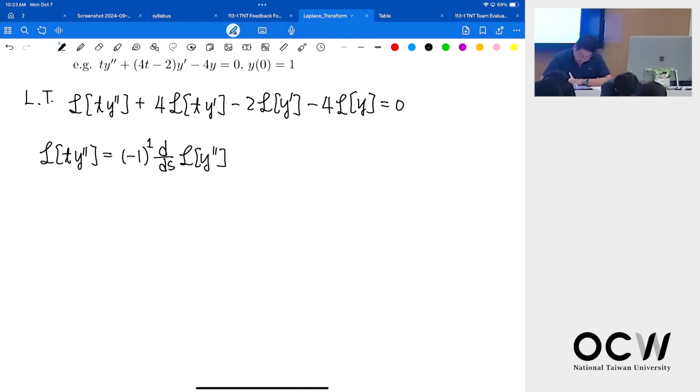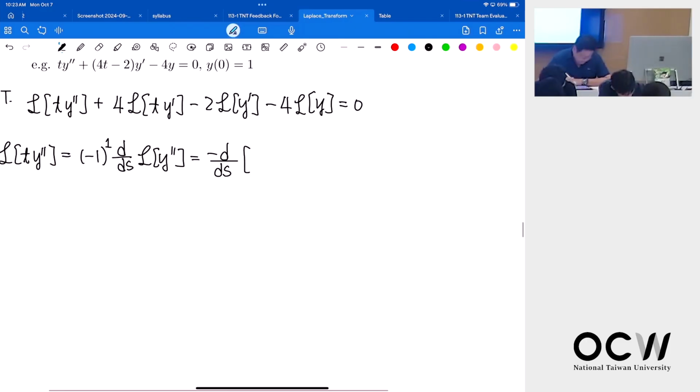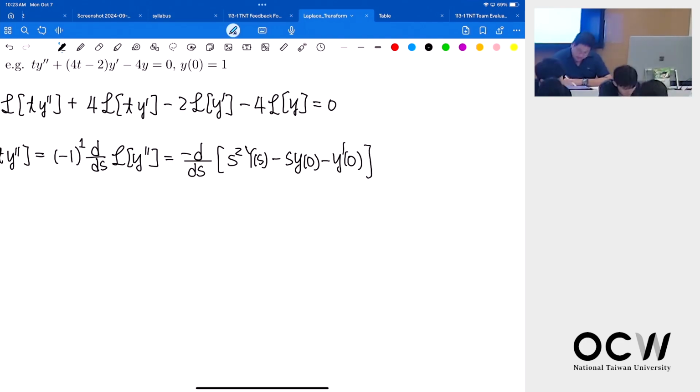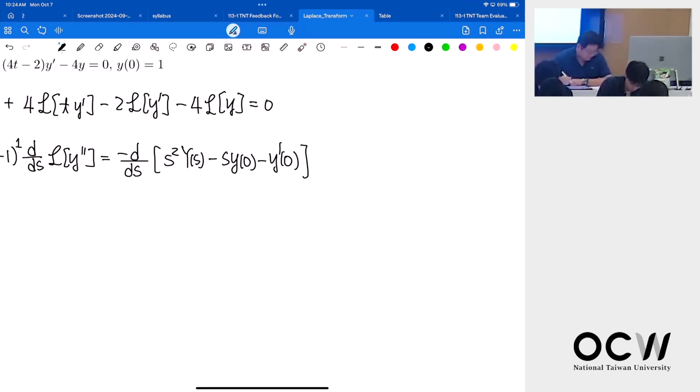So I have minus d over ds of s squared y of s minus s y of 0 minus y prime of 0. And y of 0 is 1. Then you have minus 2 s y minus s squared y prime plus 1.